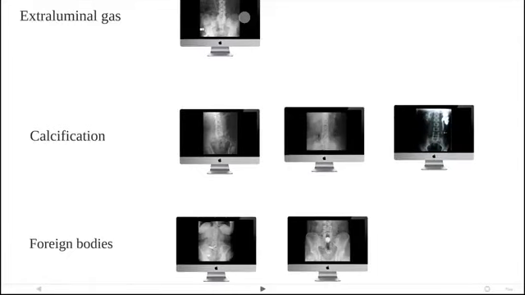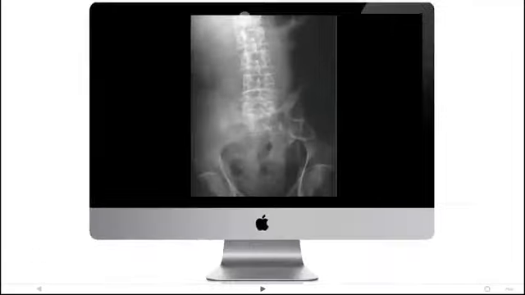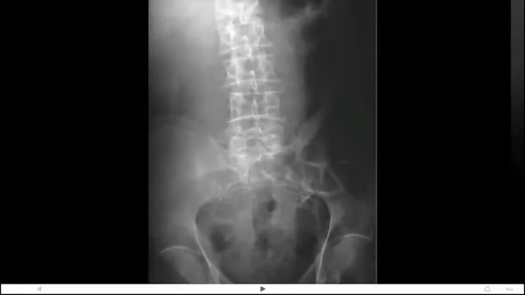Finally, we shall look at some films which demonstrate calcification within the abdomen. Calcification, as we have said, shows up as white on a plain film.